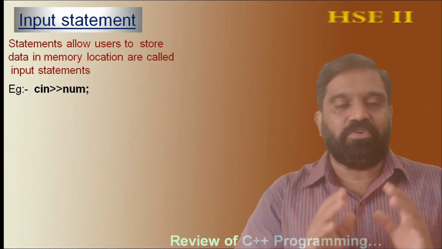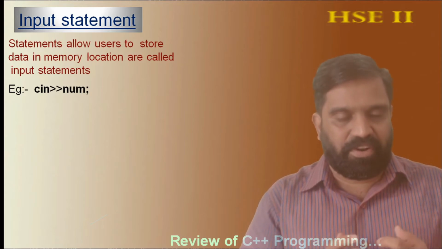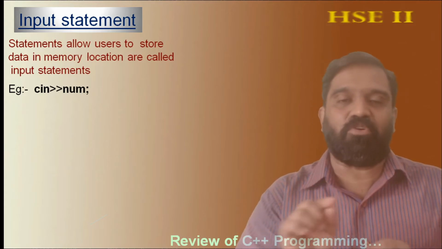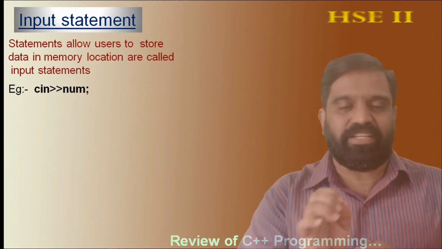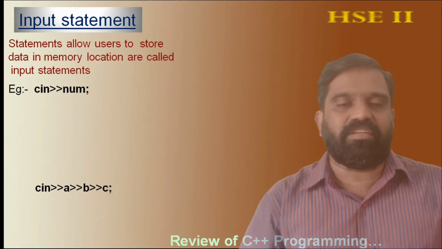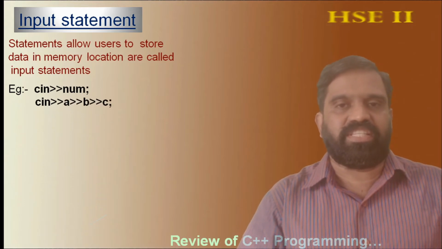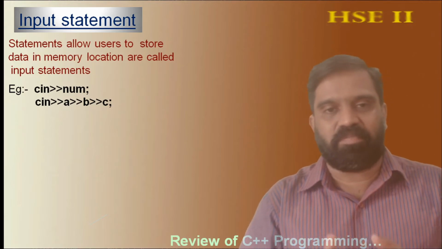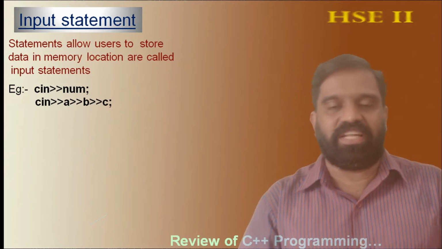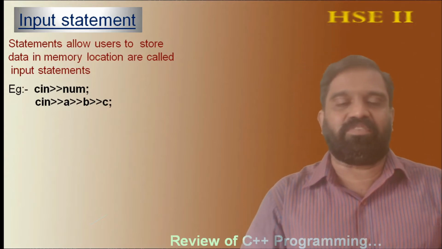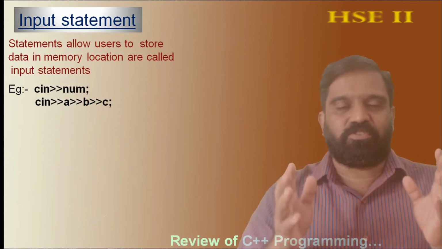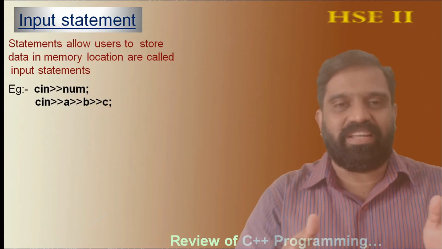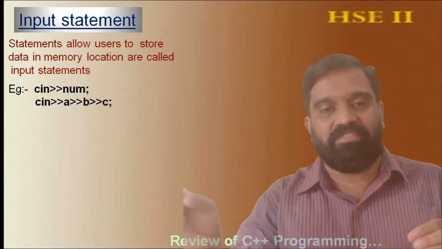Clear that? So cin get-from num, semicolon. You can see the semicolon represents the termination of the statement. Okay, next, another flavor: cin, input operator a, variable, input operator b, and then c, another variable. In a single line itself we have used three variables, which means we can store data simultaneously in different variables.